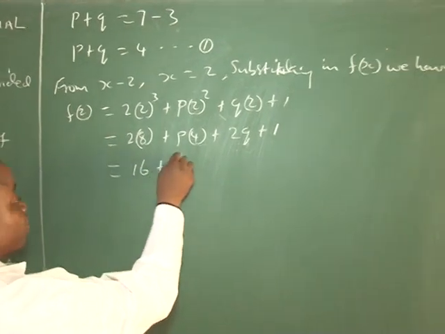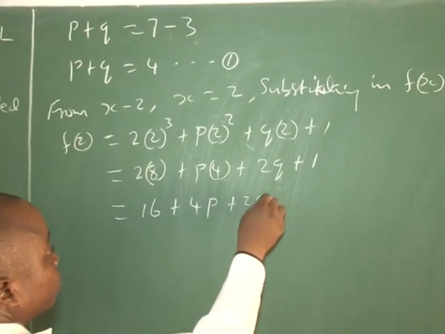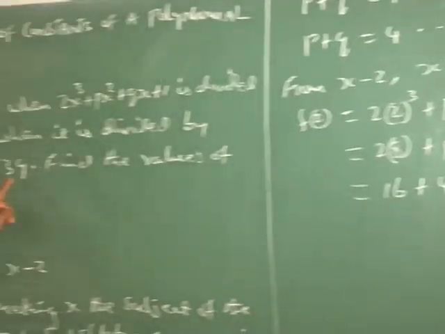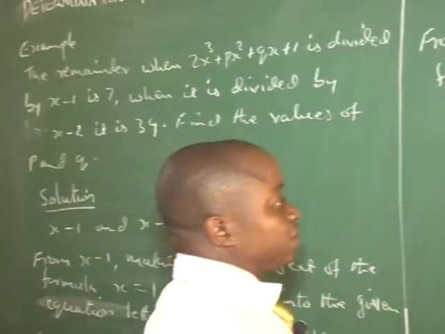This is 16 plus 4p plus 2q plus 1. Now, we are told that the remainder is 39.